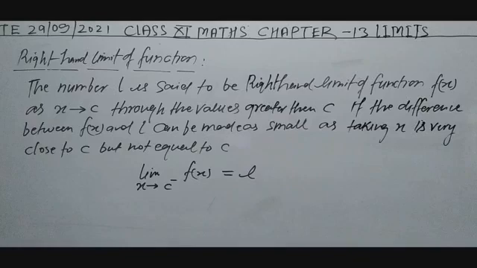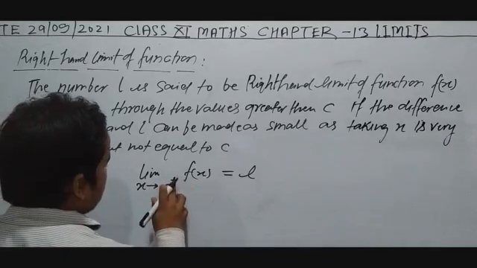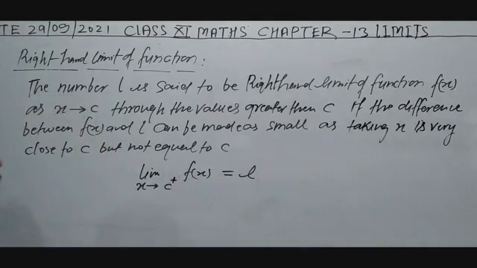If the difference between f(x) and L can be made as small by taking x very close to c but not equal to c, this is symbolically written as limit x tends to c plus f(x) is equal to L. This is the right hand limit of function.